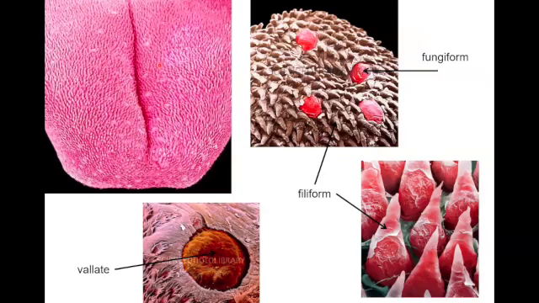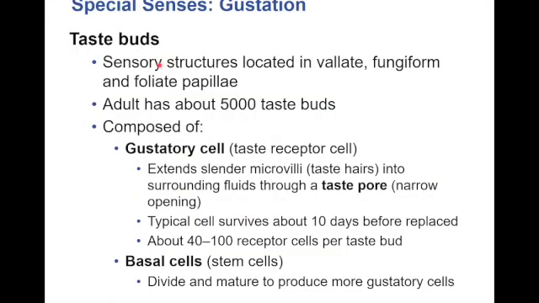So a little bit more detail here about these taste buds. Like we just mentioned, those different papillae are going to have different taste buds and taste receptors. Embedded within each one of those fungiform, foliate, and vallate papillae, we talked about specialized epithelial cells called taste buds.